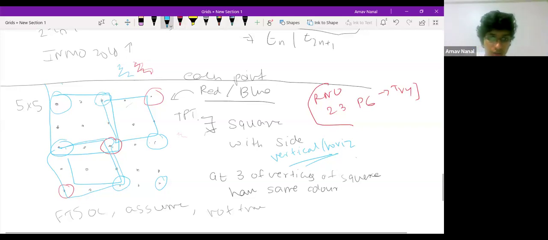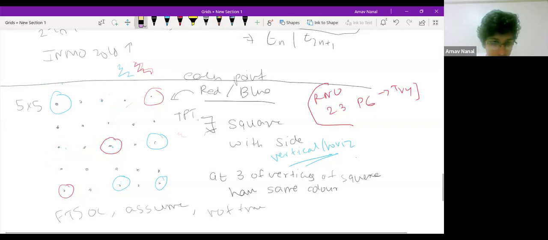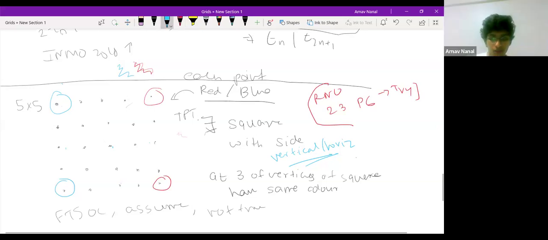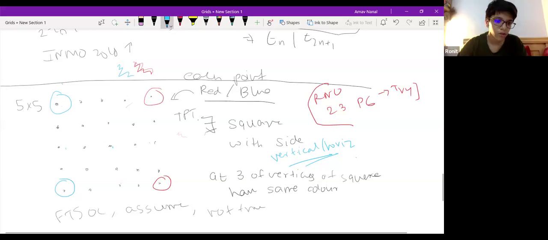Anyone wants to volunteer for the second case? It's pretty much the same thing. This is the second case, by the way. Yeah, I can try. Yes, go on. So we can again assume that the middle point is either red or blue, supposedly red again.